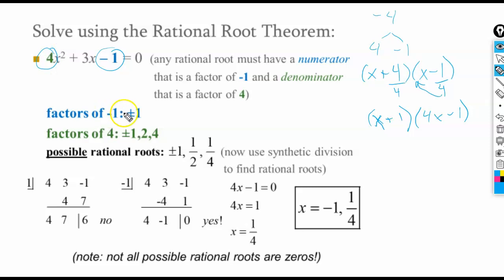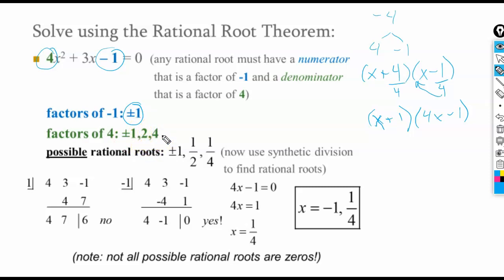So I start thinking, what are the factors of -1? Well, 1's prime, so really positive and -1 are the only factors of 1. And factors of 4 would be positive or -1, positive or -2, and positive or -4.